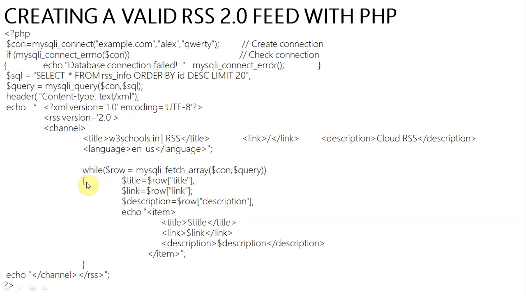Now we'll write the while loop. Suppose in this RSS info we have 20 records. We have mentioned here limit is 20, so we are getting 20 records. So this while loop will execute 20 times. We have mentioned here $row equals mysqli_fetch_array, connection comma query.